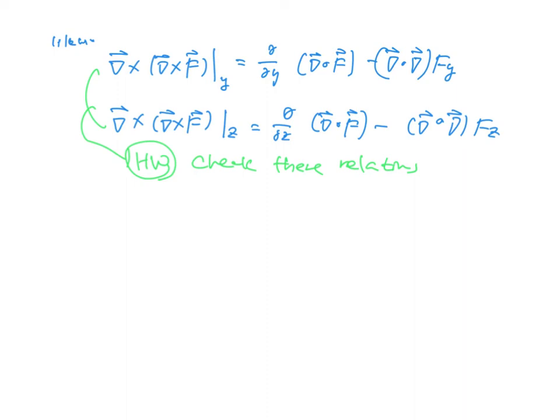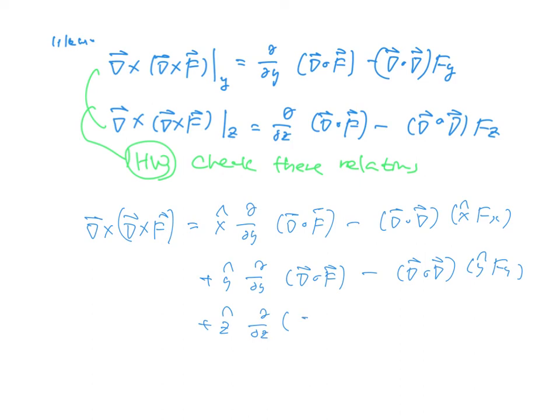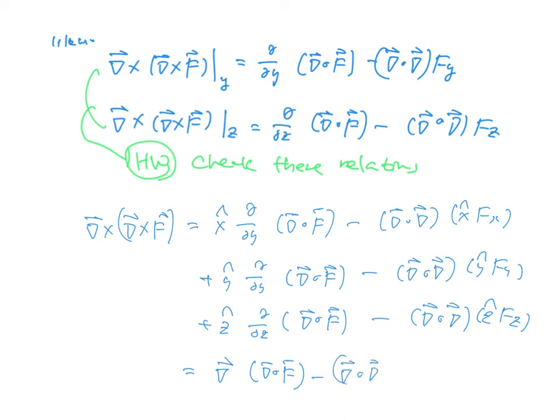So if we combine them together, what do we get? The x component of partial x partial divergence of f minus the Laplacian of fx, plus the y component, and the z component, is basically just the gradient of the divergence of f, minus the Laplacian of f.